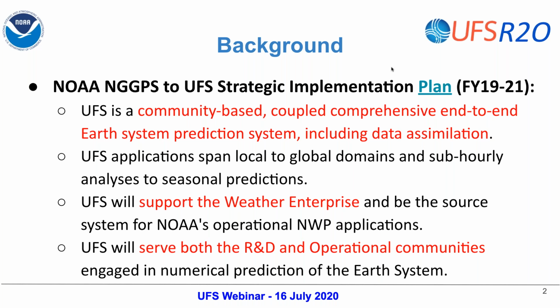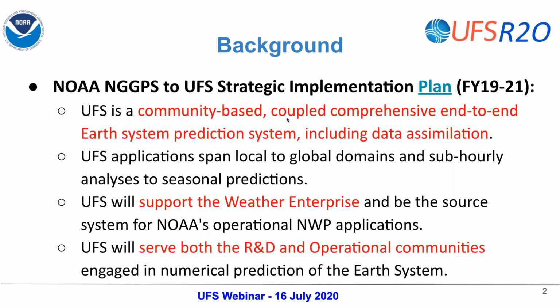As it says there in red, the UFS is a community-based coupled Earth system prediction system, which is comprehensive and end-to-end. Of course, comprehensive and end-to-end are in the eye of the beholder, but we're hoping over time to build the UFS to be fully comprehensive, and end-to-end means going from observations to forecasts.